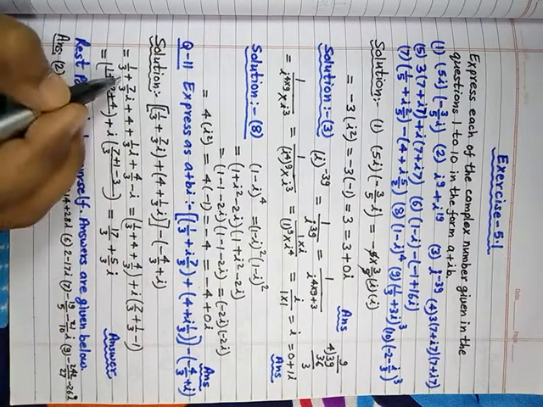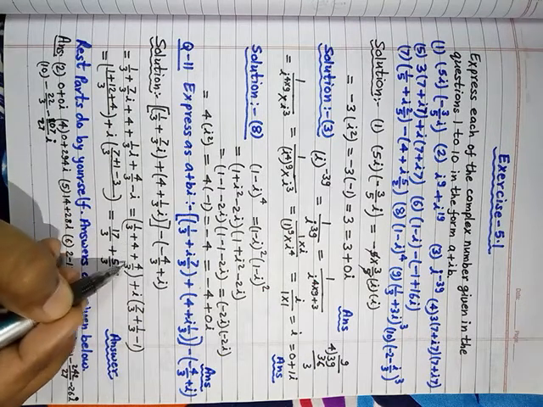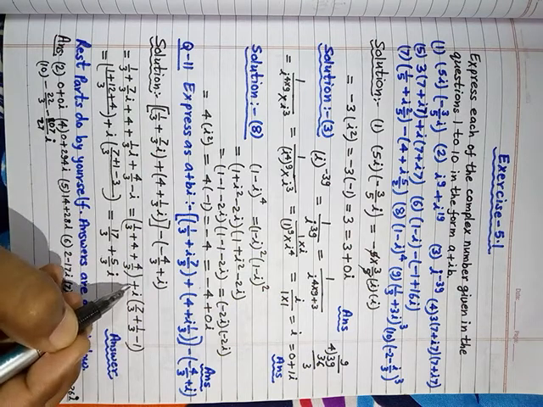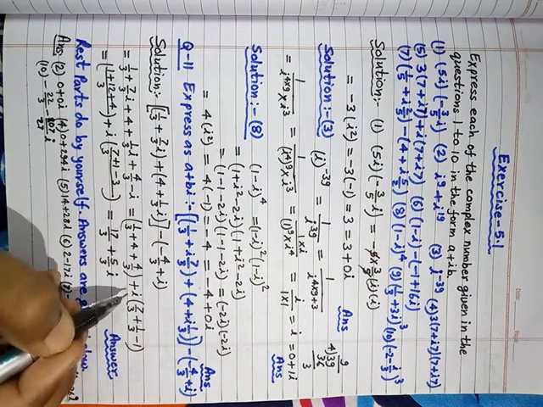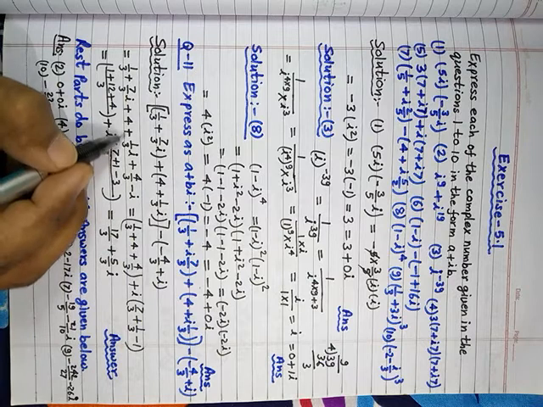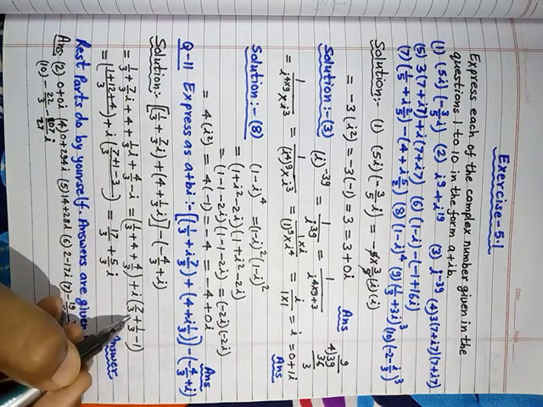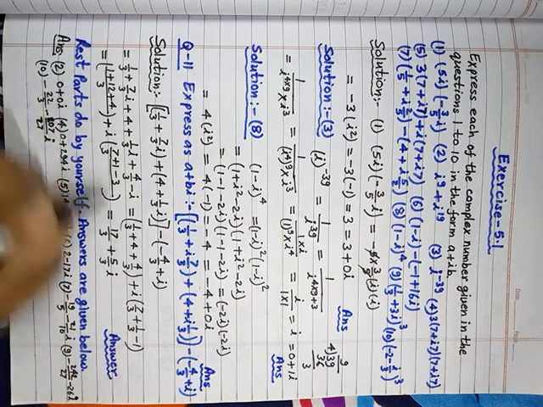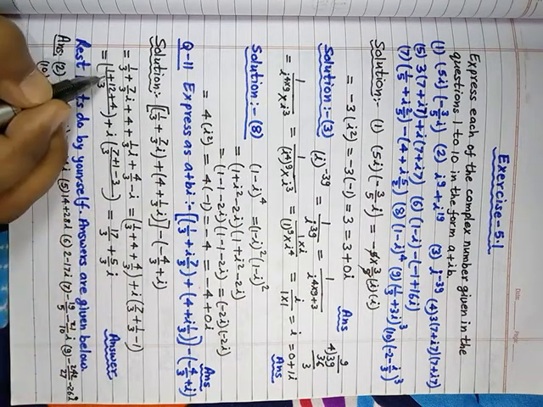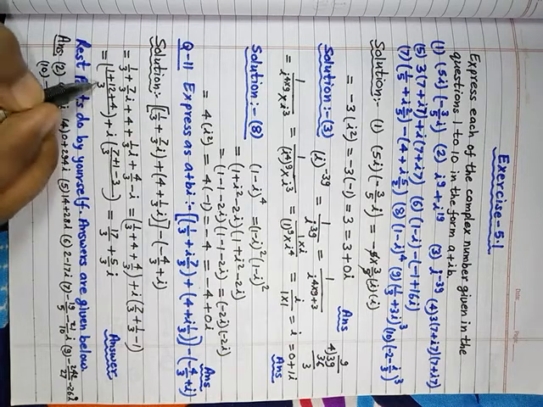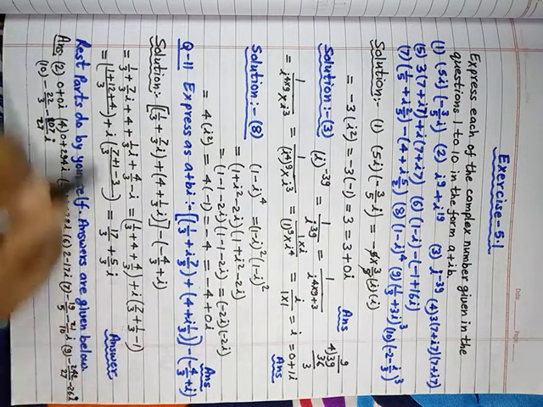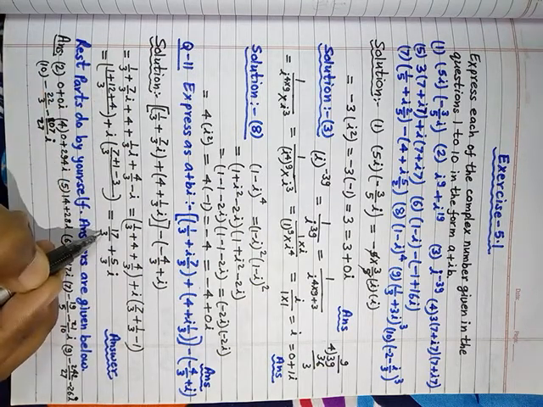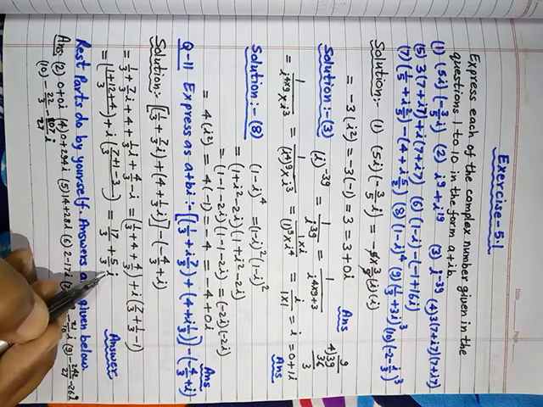Now simplify: 1 by 3 plus 4 by 3 minus 4 by 3 is the real part without i, and the i part is 7 by 3 plus 1 by 3 minus 1 taken common. Simplifying the first bracket, 1 plus 12 minus 4 upon 3, and the second bracket, 7 plus 1 minus 3 upon 3, the answer is 17 by 3 plus 5 by 3 i.